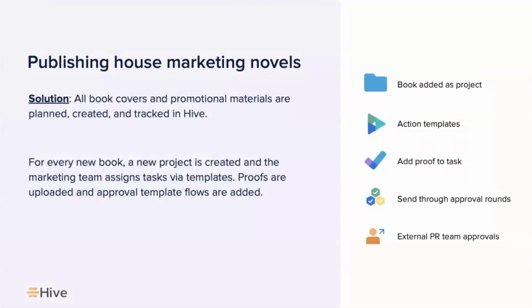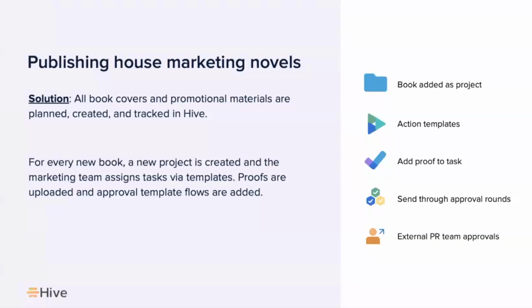And so their solution was all book covers, promotional materials, and edits are created and tracked in Hive. And similarly to the agency example, this team is obviously an in-house team, but they still created, for every book, a project. They started with that project. From within that project, they could create sub-projects, as many as they needed, but they also had action templates for each book.